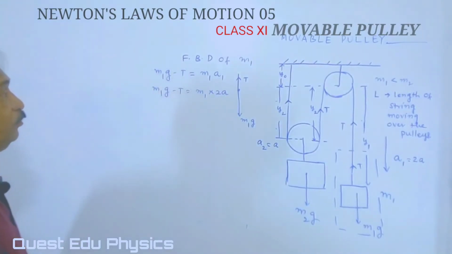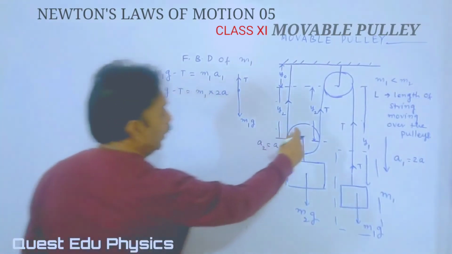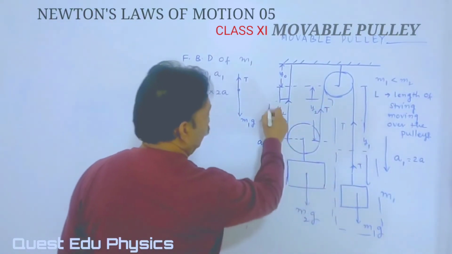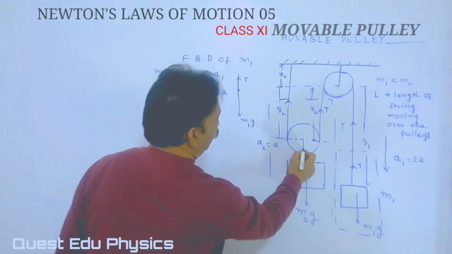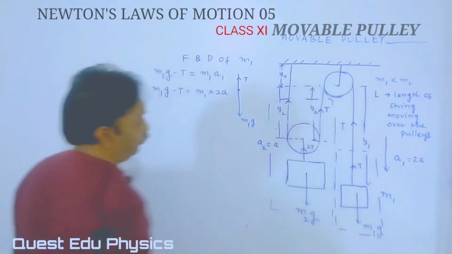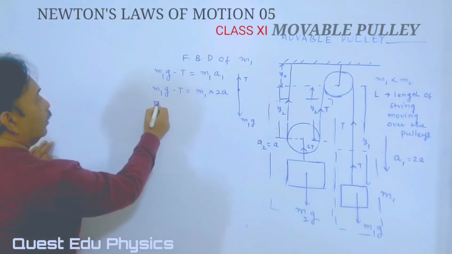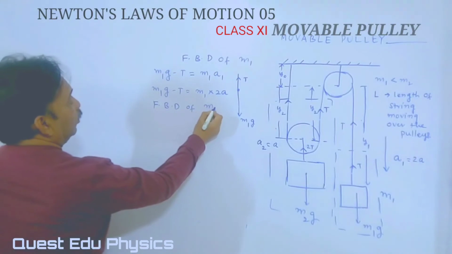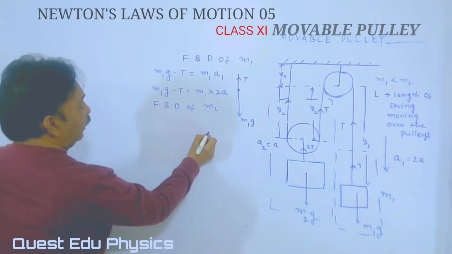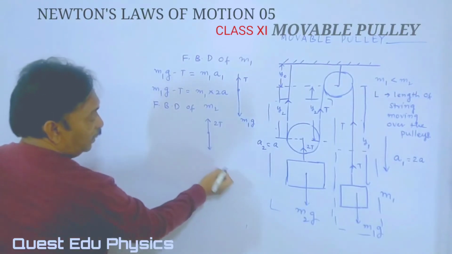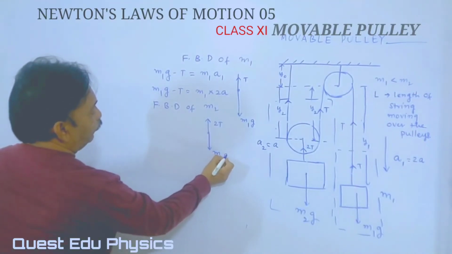Okay, students. Similarly, if you draw the free body diagram of this part, it is T and T and it is the 2T. Free body diagram of M2 we are drawing. You can draw it like this. It is 2T and M2g.